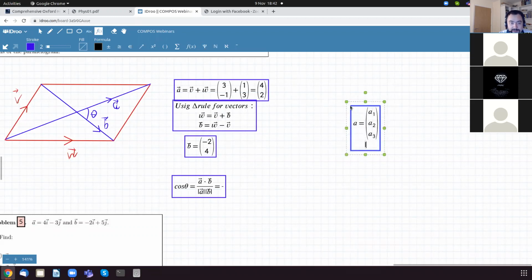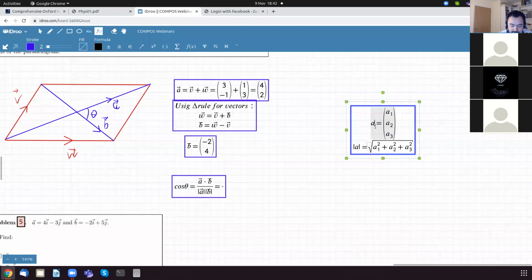The modulus of A is the square root of A1 squared, it's the Pythagoras theorem, plus A2 squared plus A3 squared. And this is a vector, of course. In 2D, you just cross out the A3. Yeah, magnitude. Modulus and magnitude are the same thing.